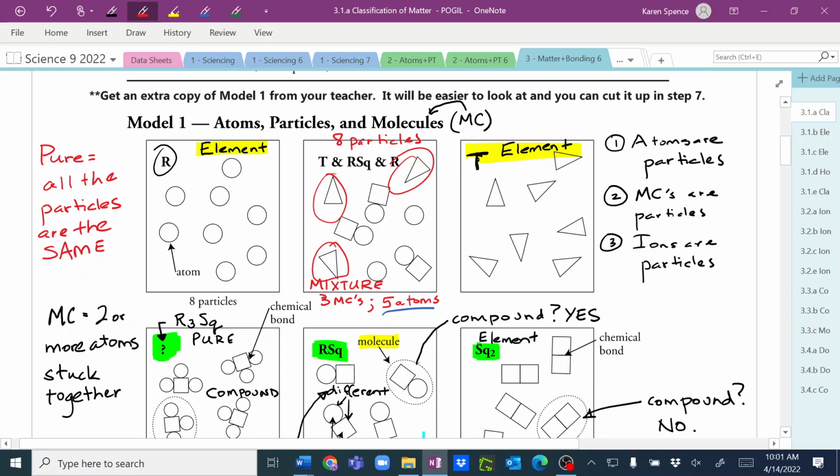We do not have a clump of circles, nor do we really have a clump of the molecules. So my best guess on this one would be that it would be homogeneous, but it's not a really good example, okay? Because it's such a small amount. It's hard to say, ooh, I have a clump of 3 particles. That's not really big enough to almost be a clump. You know what I mean?